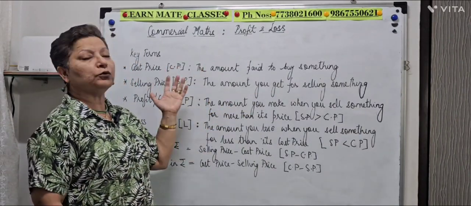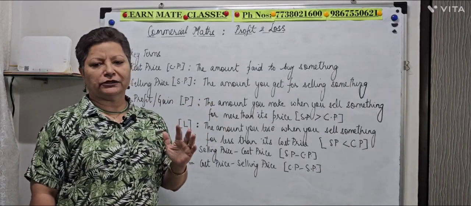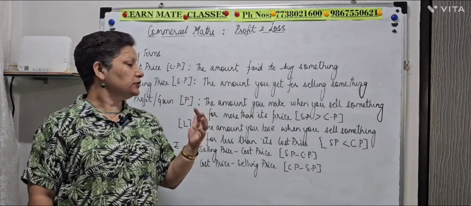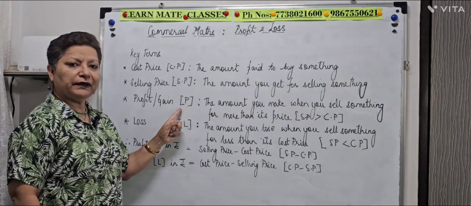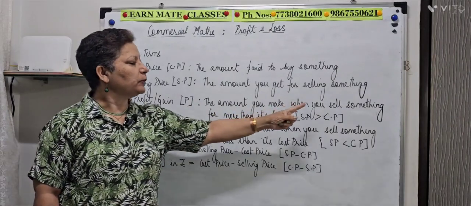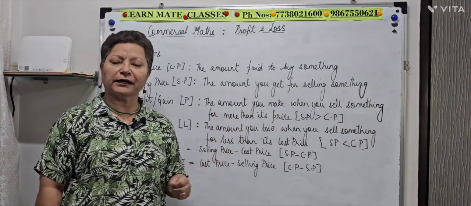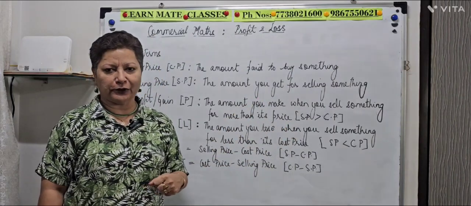These are the two prices which are going to make all the profit or loss calculations as we move through the chapter. Profit or gain, in short form, we use P. It's the amount you make when you sell something for more than its cost price. It can only happen when the selling price is more than the cost price.